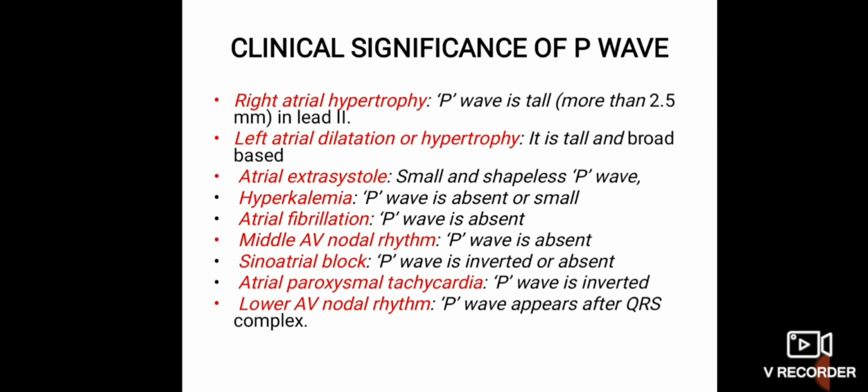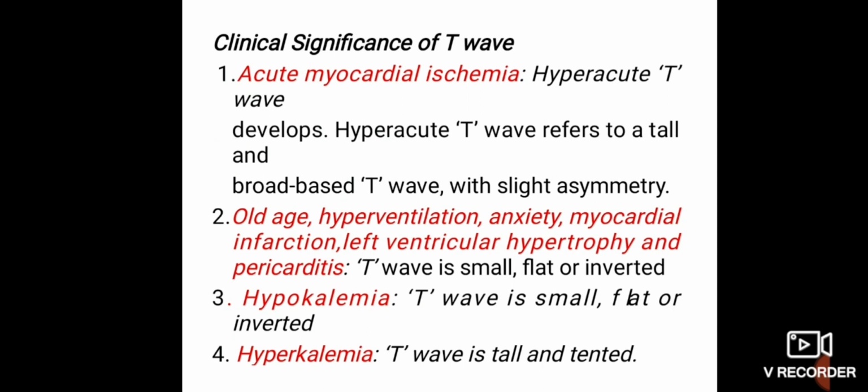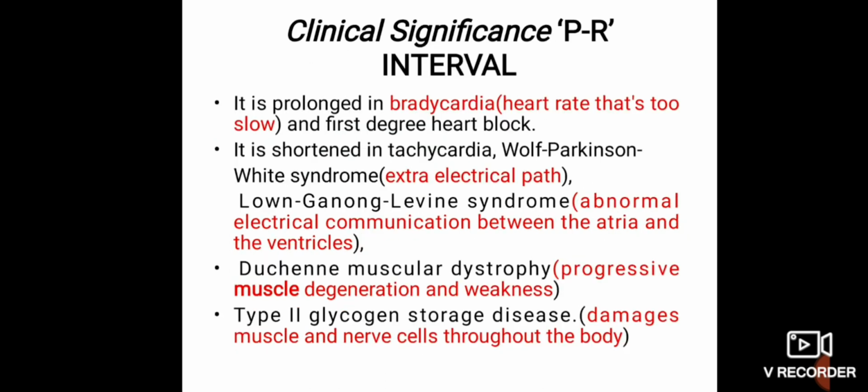Then the T wave conditions: myocardial ischemia, that is lack of blood flow to the cardiac muscles, causes the T wave to be tall, broad and asymmetric in shape. Sometimes interval prolongation happens, as in bradycardia or tachycardia conditions.